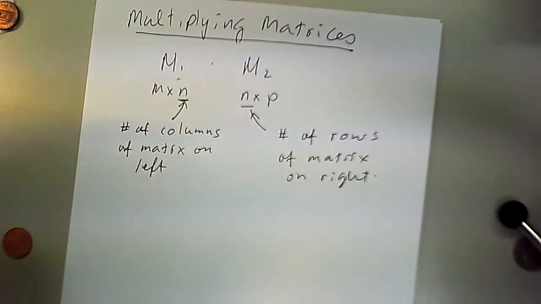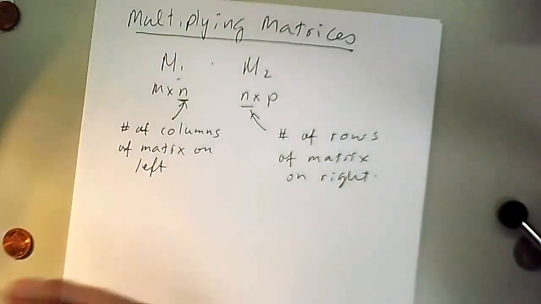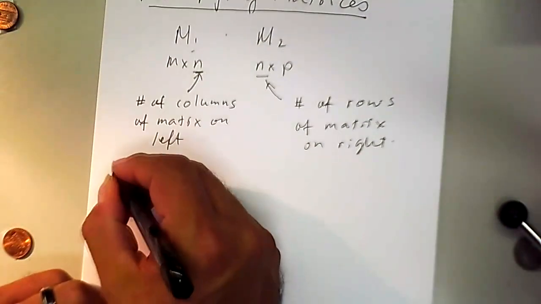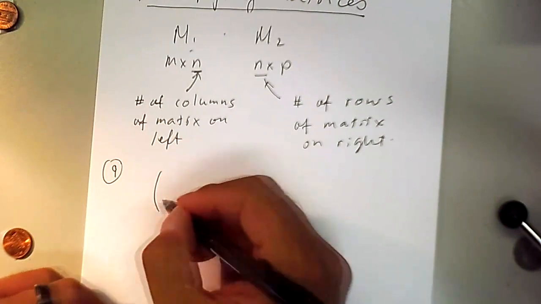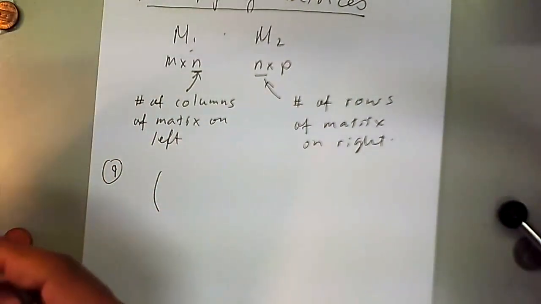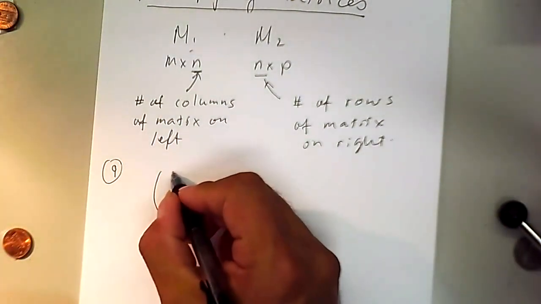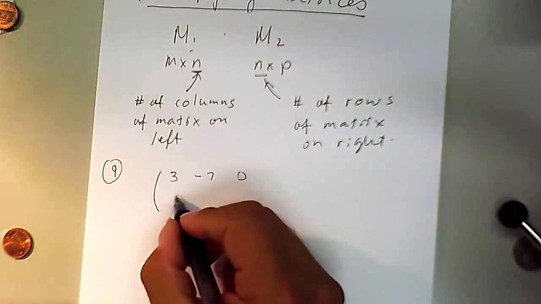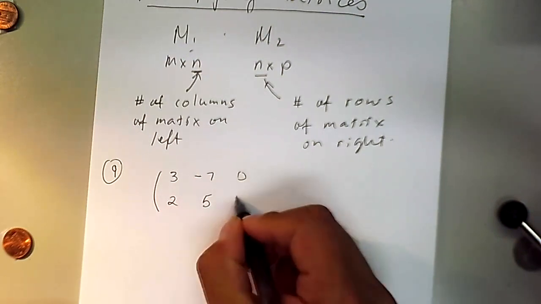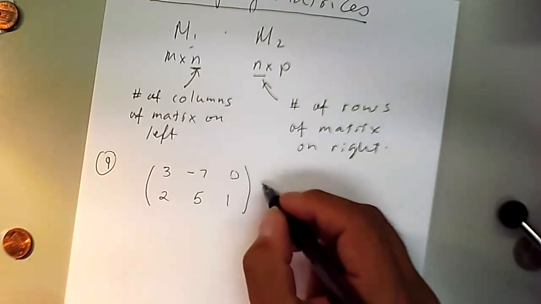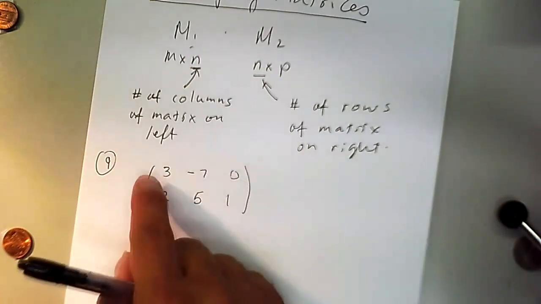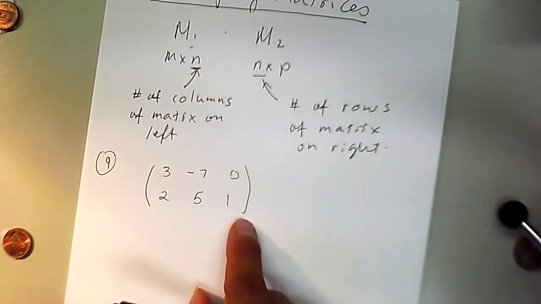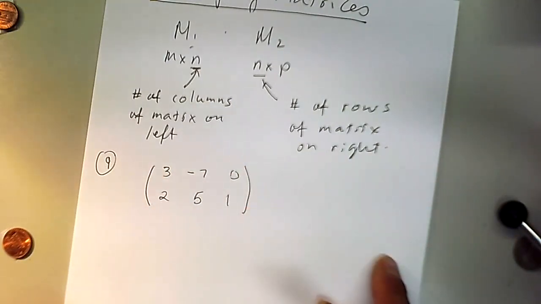So let's continue doing more examples. Example 9. Let's say we want to multiply the matrix we've been dealing with for a while, 3, negative 7, 0, 2, 5, 1. Okay, so the second matrix, 2 by 3, has to be 3 by something.